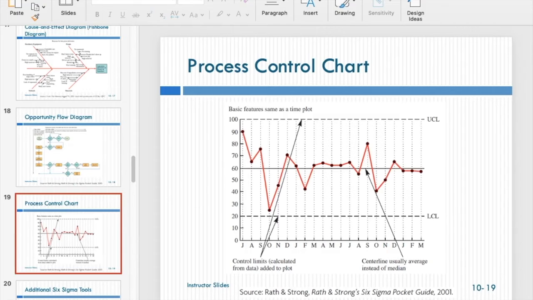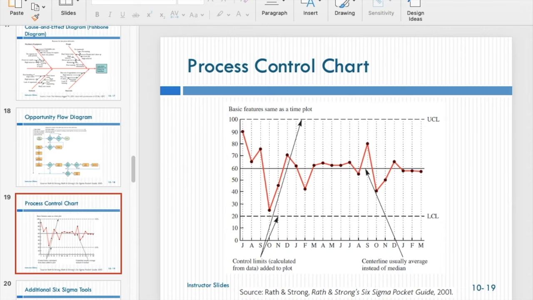The process control chart is actually very simple. You can see that in the process control chart, besides the real data, there are three different things. Basically, in the process control chart, we have the UCL and LCL. The UCL is the upper control limit.